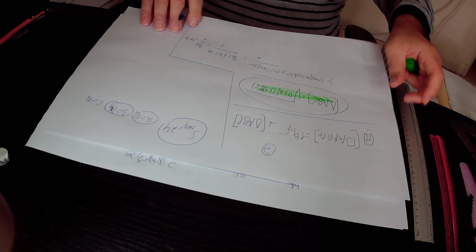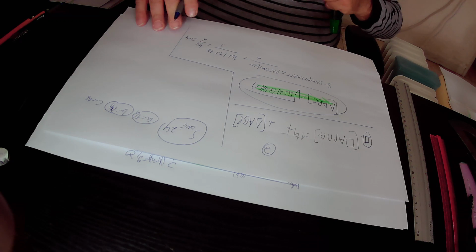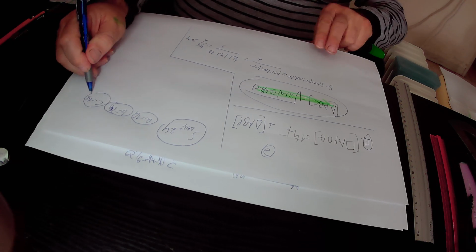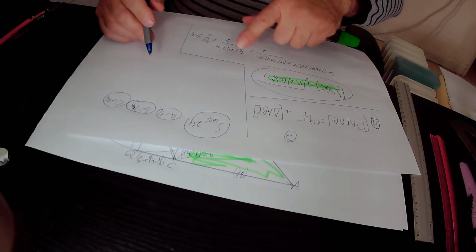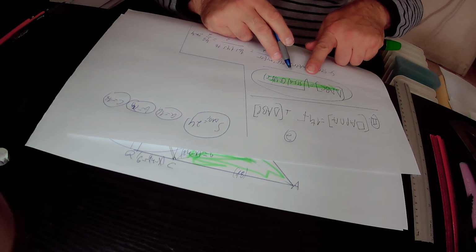So we have all the data that is needed in order to find the area of this triangle ABC. We just have to put the data of this triangle ABC inside this formula.